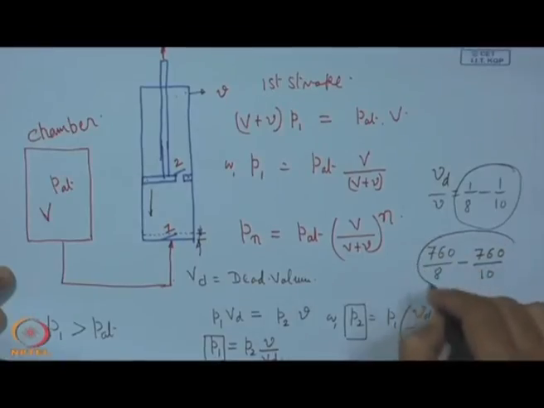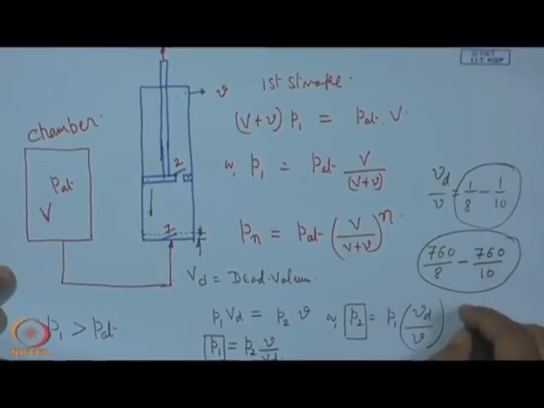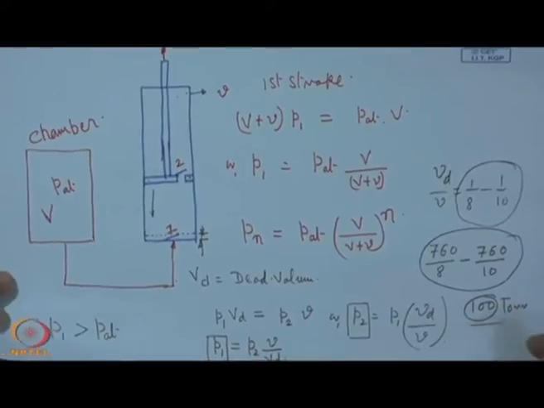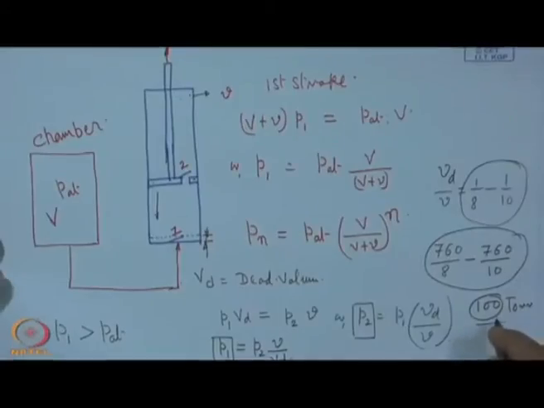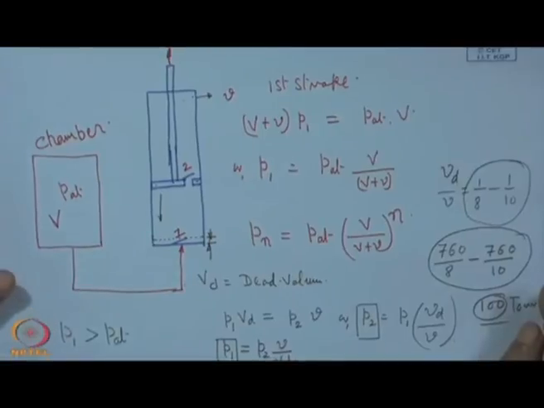As a general rule, we can say that the pressure attainable by this piston pump will be around 100 torr, so it cannot go beyond that. Though it is a very handy, very useful pump, we can attain a pressure of only about 100 torr in this case.